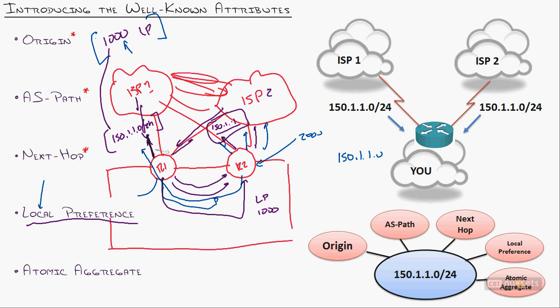Local preference is not sent outside of our system. It's only sent within our system. Once again, the golden rule of BGP: we can't tell somebody else how they should route their traffic. We can suggest it, but local preference is not the way to do it. Local preference stays local, so it goes between your autonomous system routers, but is stripped off as soon as it goes to somebody else.